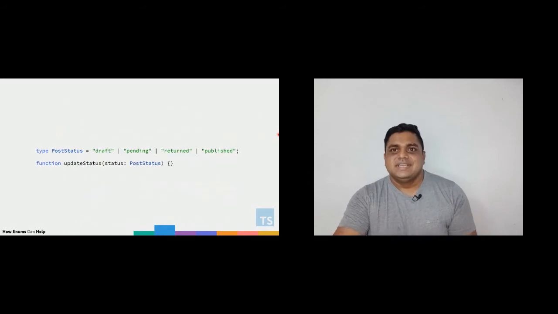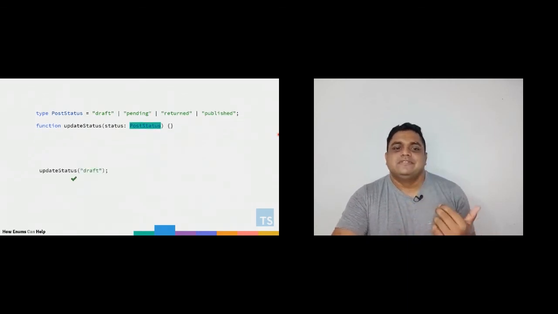So in functions, you can say this function will accept a value called status, and the value should be PostStatus. If you pass a value that belongs here, this is a valid call.